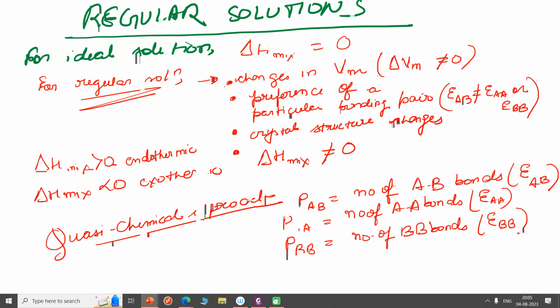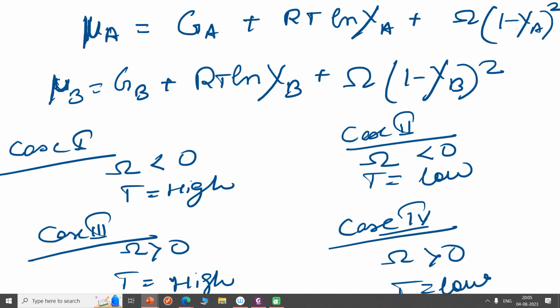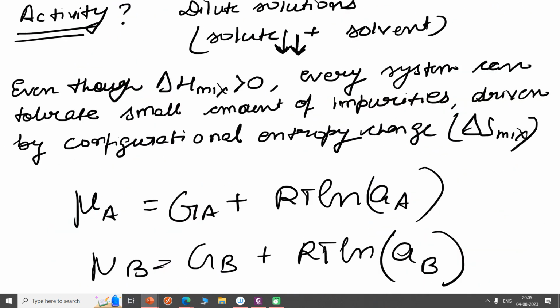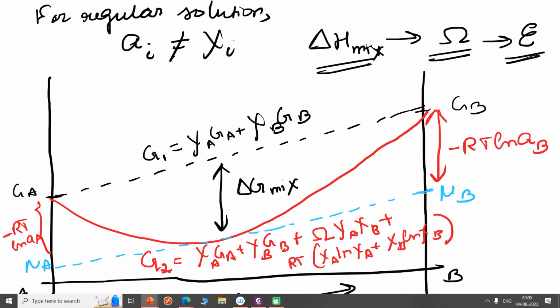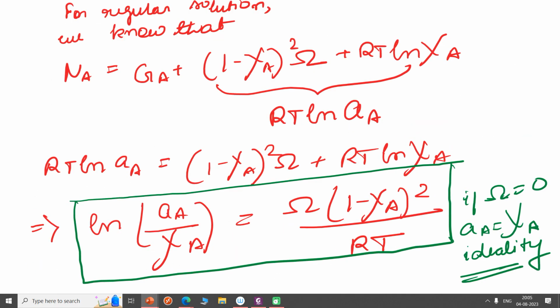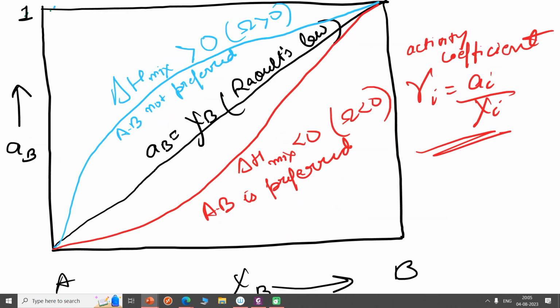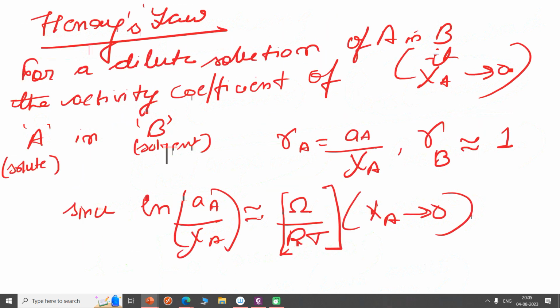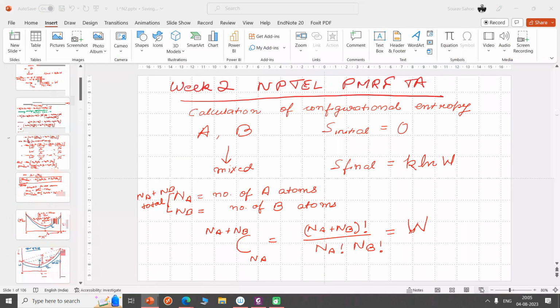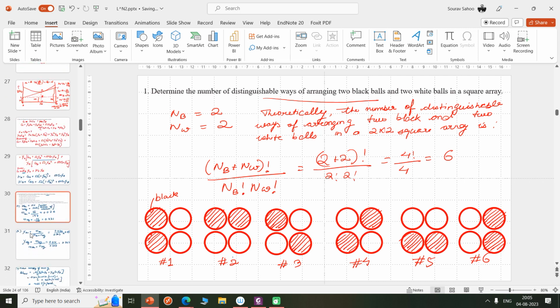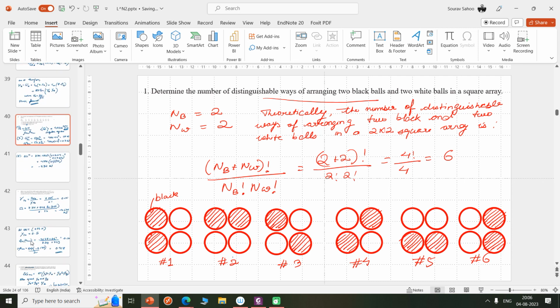We derived the equation, we have seen the slopes, and we have seen all the special cases, right? And we went ahead with calculating the activity of a solution, and we have seen the ideal Raoult's law and the non-ideal Henry's law, and we have solved some handful of numericals related to the concepts we have discussed this week.